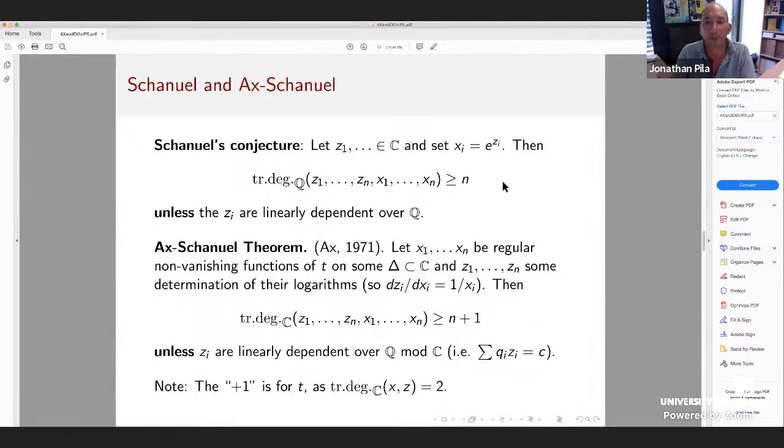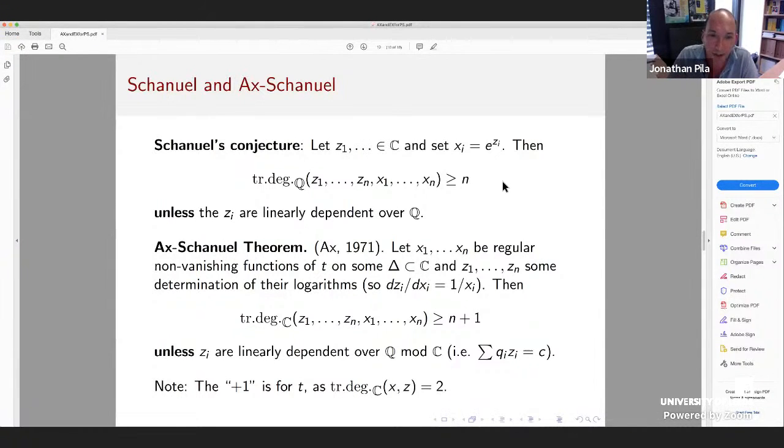So let x1 up to xn be regular, not identically zero functions of t on some disk. If the xi's are not identically zero, you can always move to some smaller disk where they're non-vanishing. And let z1 up to zn be some determination of their logarithms, so that they satisfy the differential equation dzi/dxi equals 1 over xi.